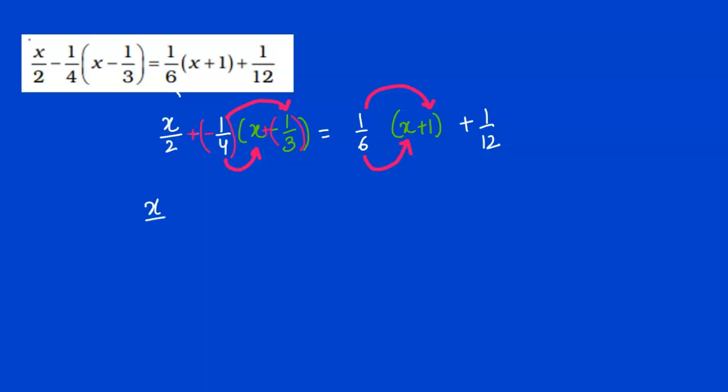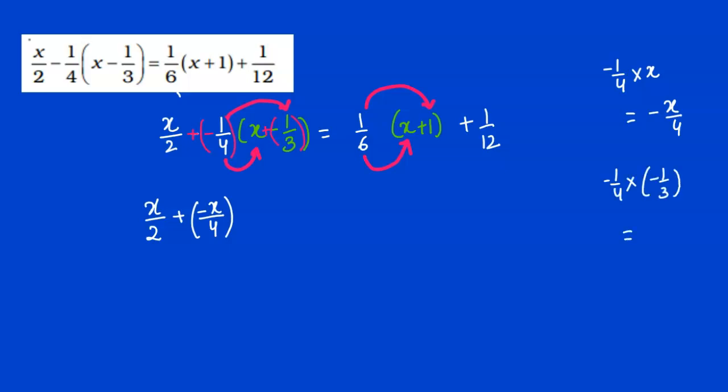x by 2 will remain the same, and when a negative and a positive number are multiplied, here we can write negative 1 by 4 into x. So what do we get? We get negative x by 4. So here I'll use bracket because we have two signs. So now we have negative 1 by 4 multiplied by negative 1 by 3.